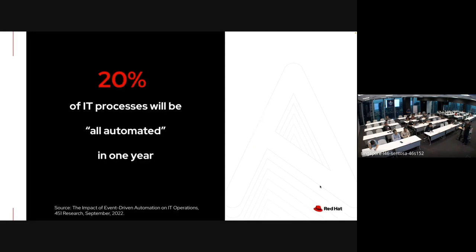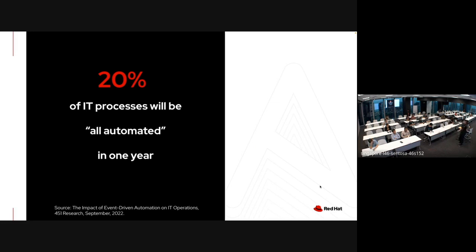All right. So I'm going to start with this slide. Basically, what we are seeing here in the research that was done in September last year is that 20% of IT processes will be automated within the coming year. So you can see that automation is something adopted by a lot of different companies, and more are going to use these processes and automation strategies over the coming year.